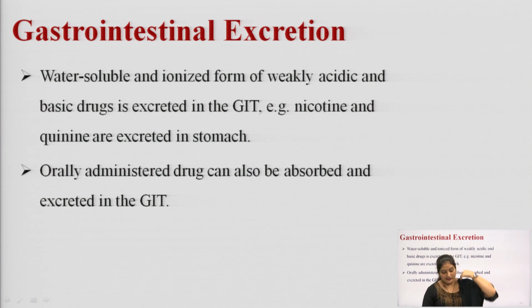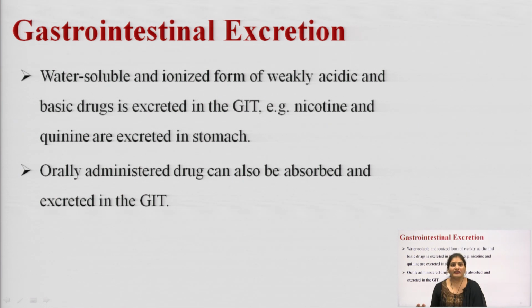So, this process is reverse of the GI absorption of the drug. Okay. In this, the water soluble and ionized form of weakly acidic as well as basic drugs are excreted out in the GIT. For example, nicotine and quinines, these are excreted in the stomach, or some orally administered drug can also be absorbed and excreted out in the GIT.